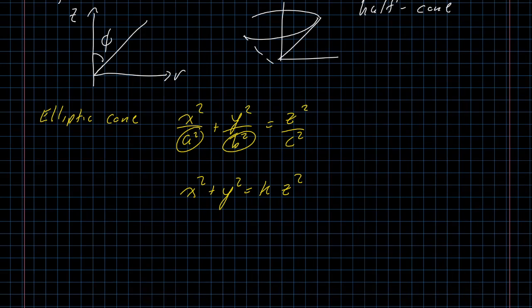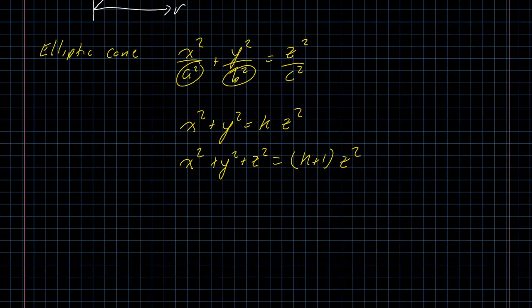If we want to rewrite this in spherical coordinates, I've got x squared plus y squared. It would really make my day if I had x squared plus y squared plus z squared, but that's not what I had. Of course, I can just add z squared to both sides of the equation, and everything works out perfectly fine. x squared plus y squared plus z squared is rho squared. z itself is rho times the cosine of phi.